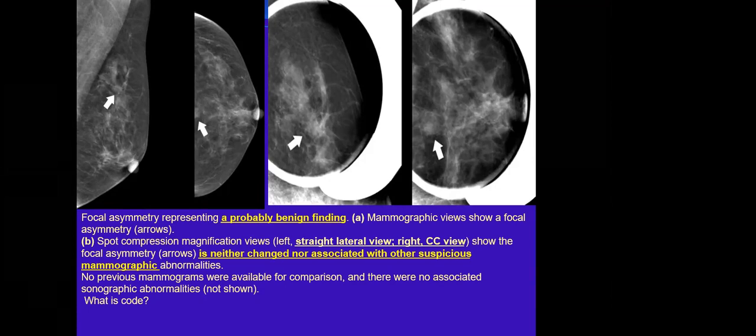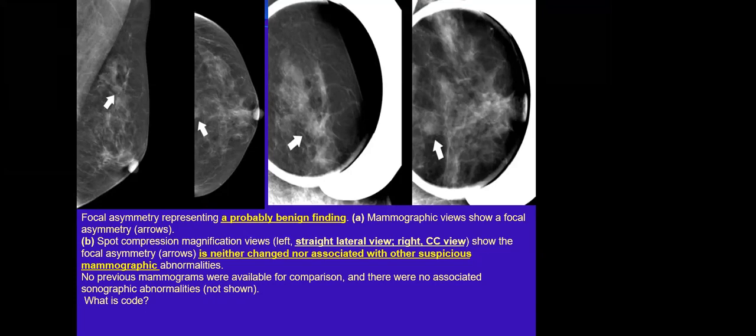And we mentioned before, if it represents not a superimposition of tissue but just an island of tissue, a focal asymmetry, it might persist on spot magnification. And ultrasound doesn't show any abnormality. So how are you going to code it?